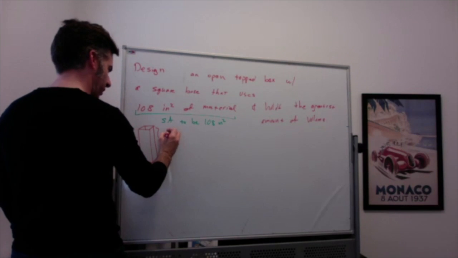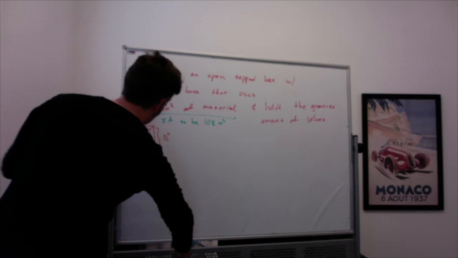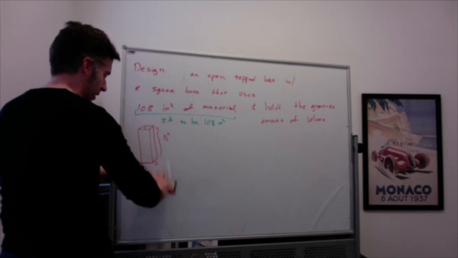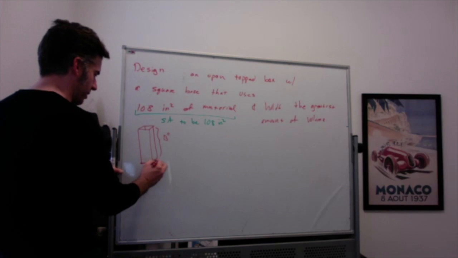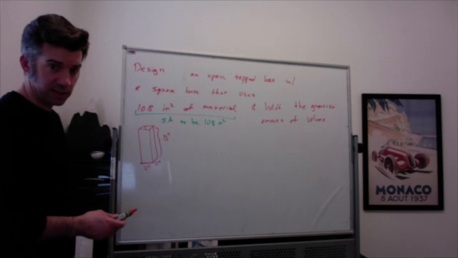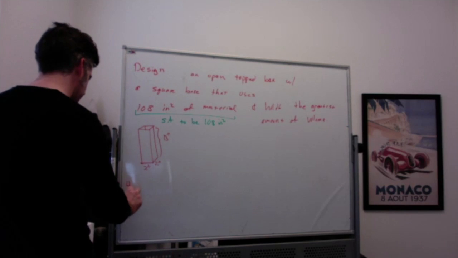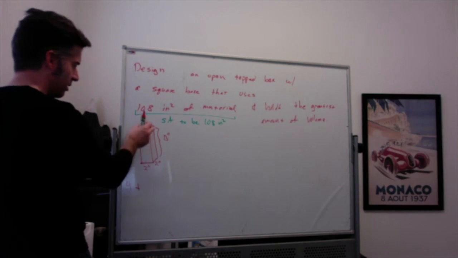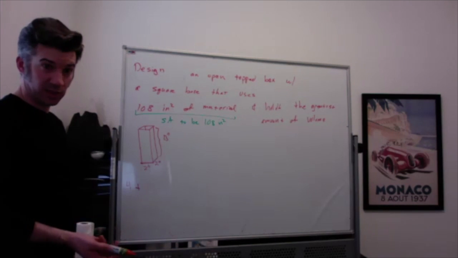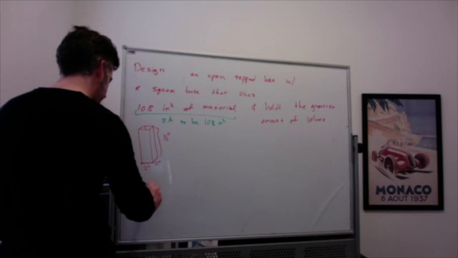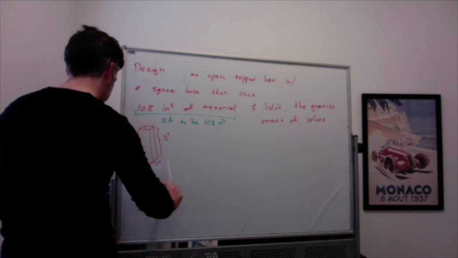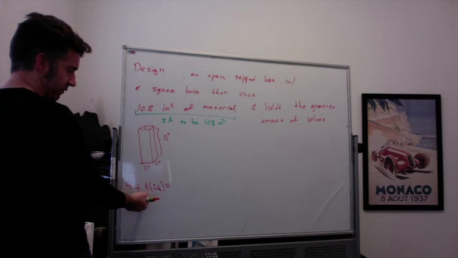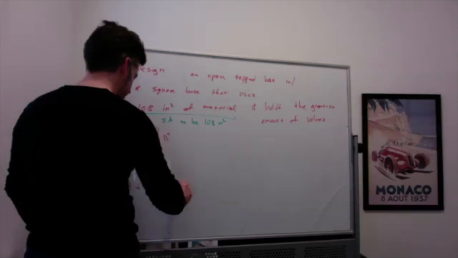That would have 108 square inches of surface area. Let's see. The bottom is going to be 4 square inches, plus each face is going to be 26 square inches. So 4 times 26, that's 52, 104, plus 4, that's 108.